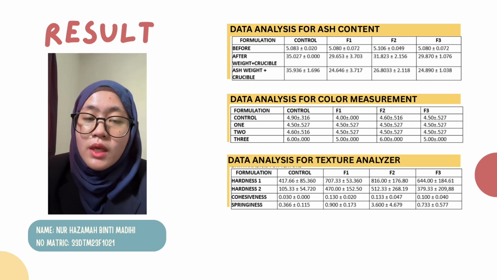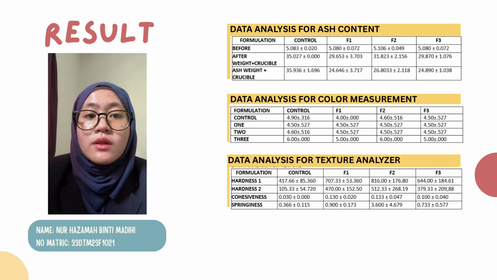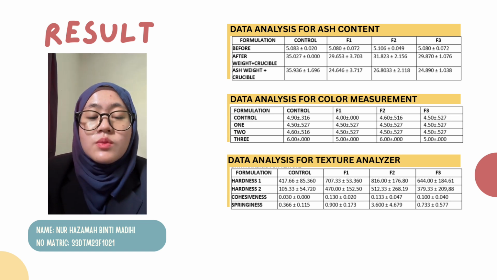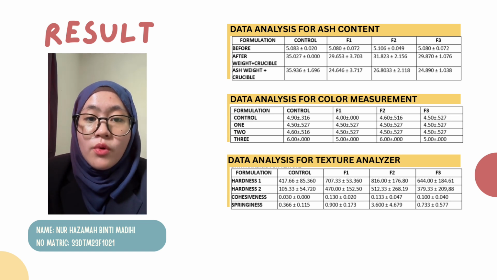The color became slightly darker as the level of the syrup increased due to the natural brown color of the syrup. The texture analysis showed that the soft cookies with date syrup were softer compared to the control sample. This proved that the date syrup contributes to a softer texture.